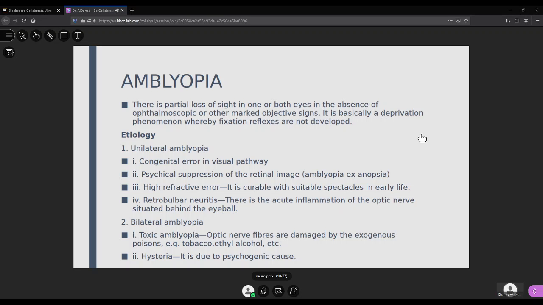It is curable with suitable spectacles or glasses in early life. It's very important that it should be corrected in early life; high refractive errors should be corrected in early life, or it will cause amblyopia. Amblyopia is lazy eye. Retrobulbar neuritis can cause bilateral amblyopia, toxic amblyopia, or hysteria.